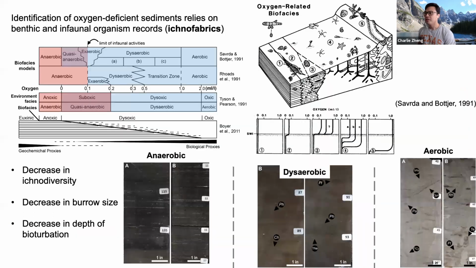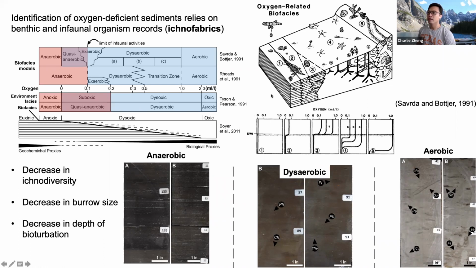The approach I use is to look at the infauna record, which is the trace fossil record. These are the real benthic signals that we can get because the animals live in the sediments, in the substrate, so they reflect the true benthic conditions.